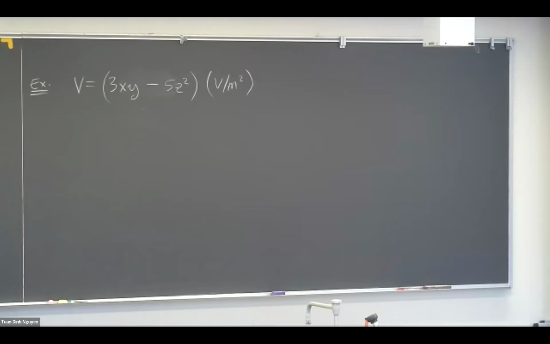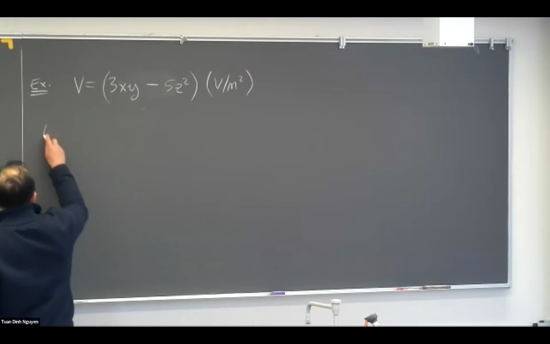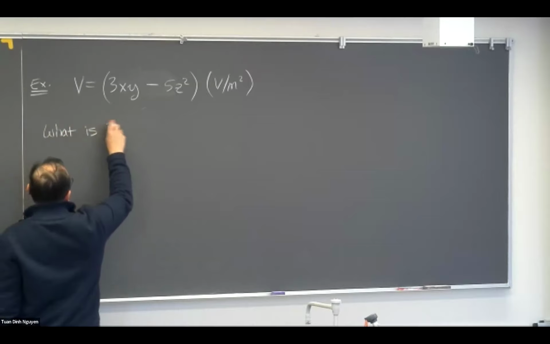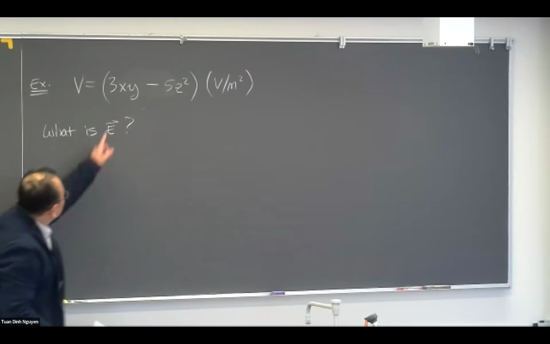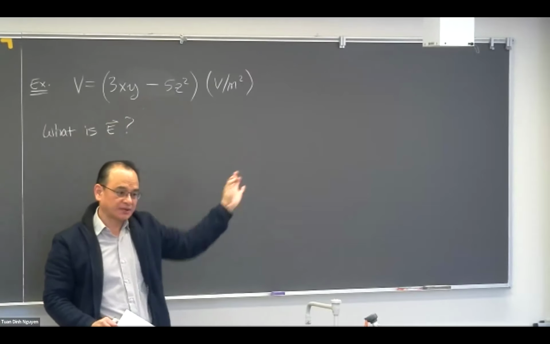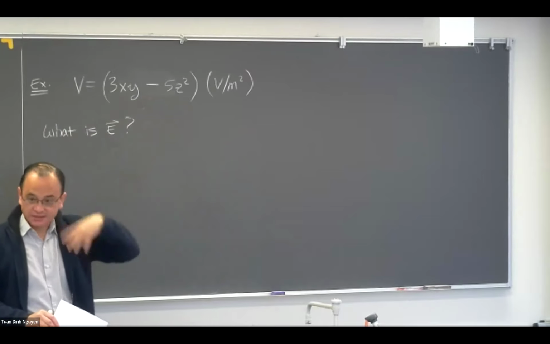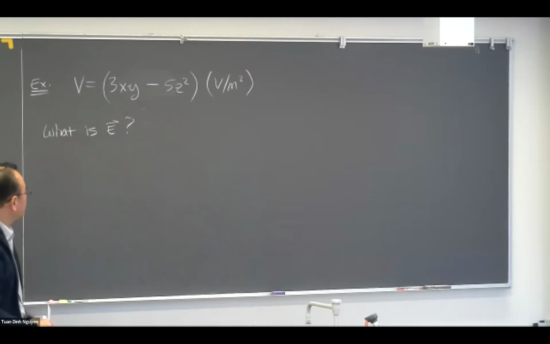So just to use this formula, find the electric field. It gives you this potential that depends on x, y, and z. Never mind how you make this potential, but just say someone gave you this potential, and you want to know the electric field.